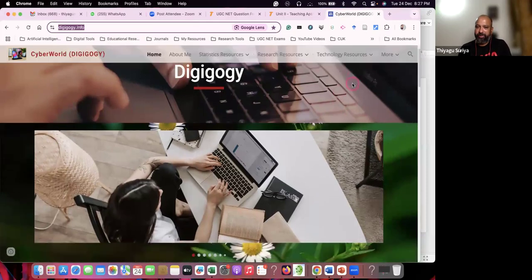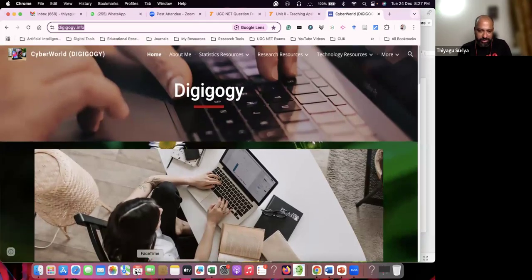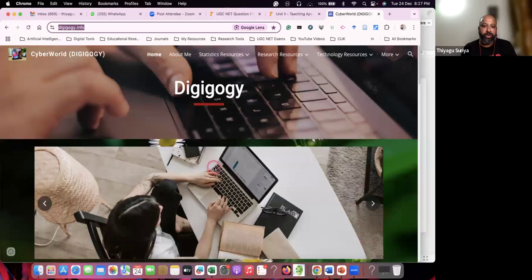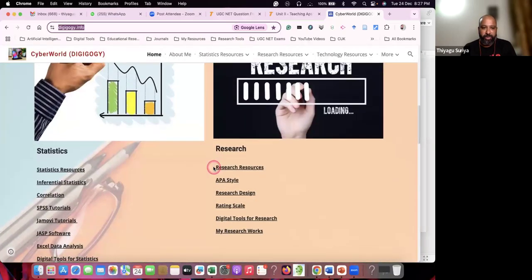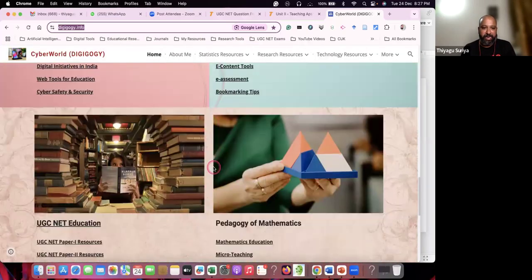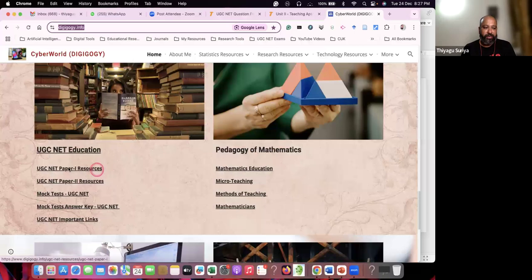I'm sharing this link in the chat box. When you scroll down, there is a separate link called UGC NET Execution, where you can find all the resources like paper 1, paper 2. Especially now we have only 10 days.